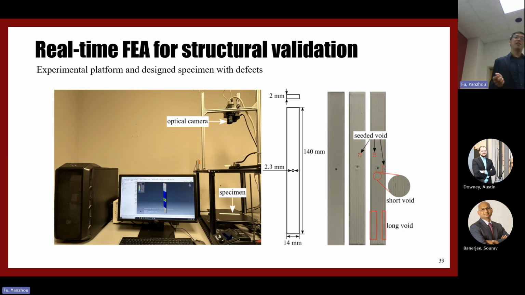The specimen in the final application may require fastener holes, and these fastener holes cause stress concentration and also reduce the net section. In the figure on the right, you can see there are some seeded voids here, and also some short voids inside the layer, and the long void is on the edge of the printed sample.